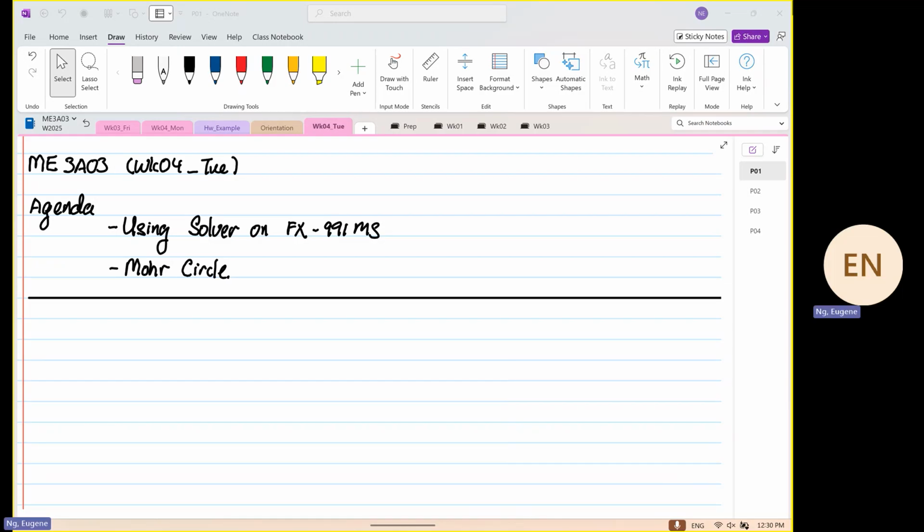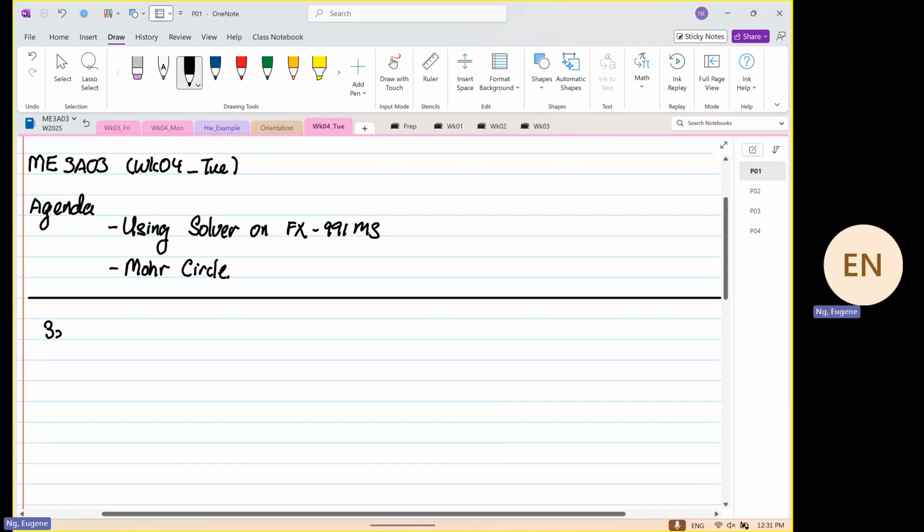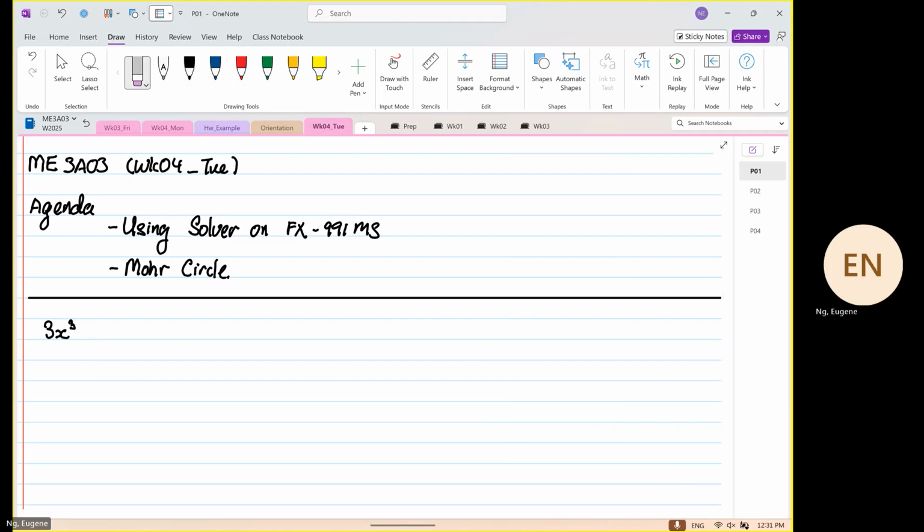So what if now you want to solve an equation that is 3x cubed minus 4x plus 2.5 is equal to 0.